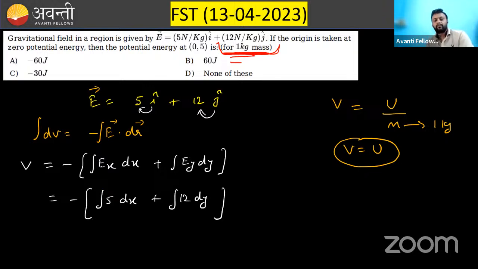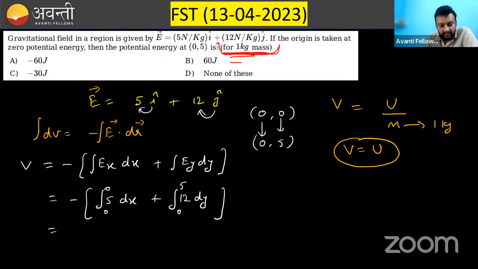Now put the limits. They are saying take the origin as 0, comma 0 and asking for 0, comma 5. That means x is changing from 0 to 0. That means no change in x. Y is changing from 0 to 5. That's what is the limit.